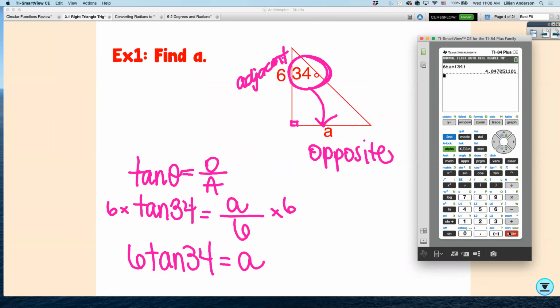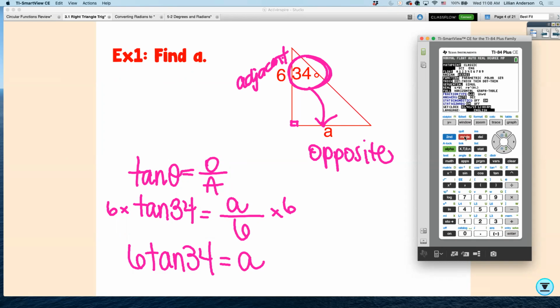Now, the one thing you do need to be careful about with the calculator is that the calculator can be in two different modes, degree and radian. So if you did not get 4.0 whatever, then that means you're probably in the wrong mode. So whenever you're doing a trigonometry problem and degrees are involved, you want to be in degree mode.